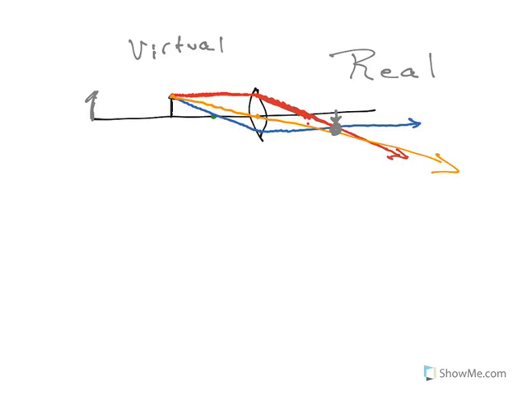All right, let's consider the other case, a diverging or a double concave lens. Say we have our focal points like this, and we have our object. How do we handle a diverging lens?